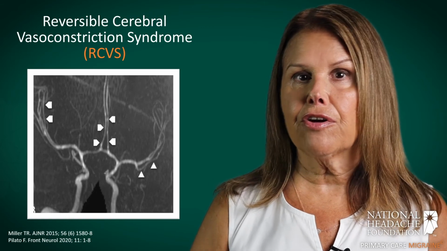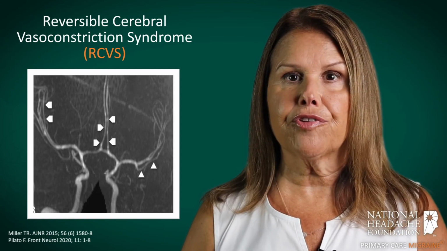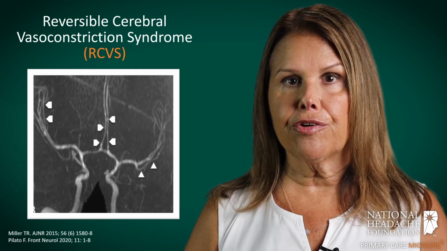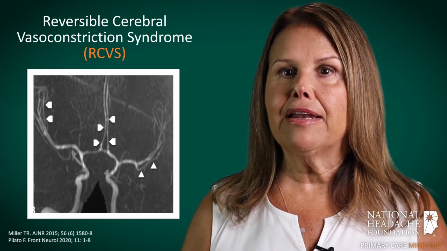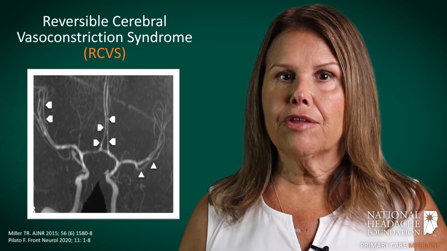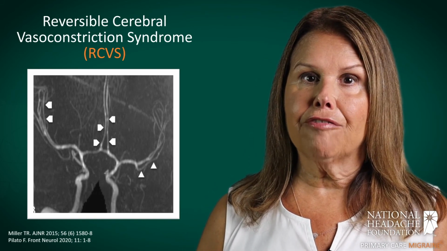Neurologic deficits occur in between 8 to 43%, seizures in 1 to 17%, and subarachnoid hemorrhage in 30 to 40%. The vasospasm noted on imaging may not resolve for 3 months. There is no proven treatment for this syndrome, but calcium channel blockers are often used to reduce the vasospasm.